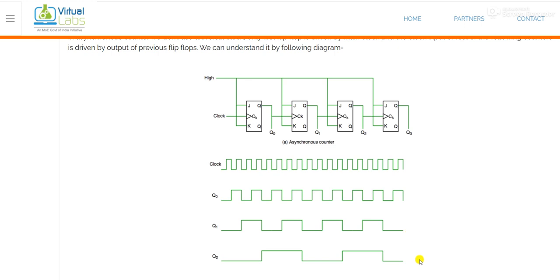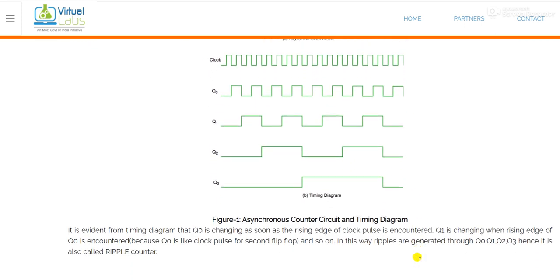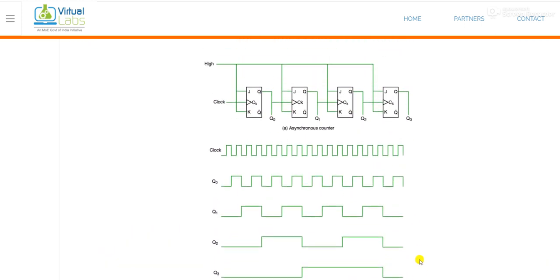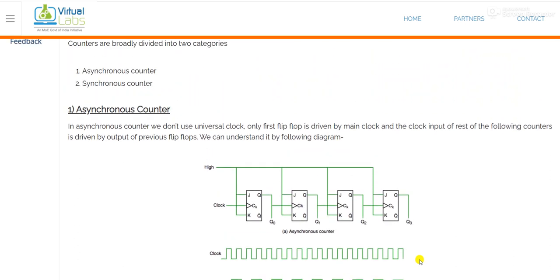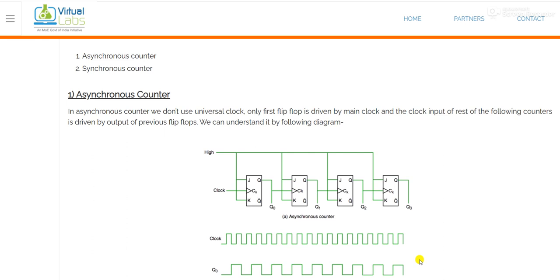This is the timing diagram. Okay, so this is basically the timing diagram, and we are using JK flip-flop. Okay, so in the case of JK flip-flop, we are using the condition J equal to 1 and K equal to 1. So you can see here that J and K both are connected to the high input.